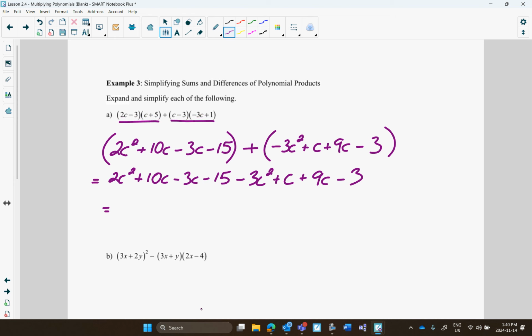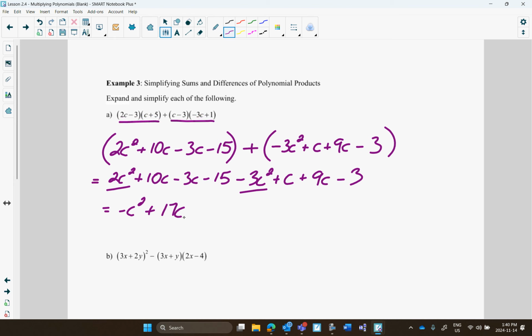2c squared minus 3c squared. Negative 1c squared or just negative c squared. Collect all the c's. There's 4 of them. So I've got 7. If I put those together, 8, 17.